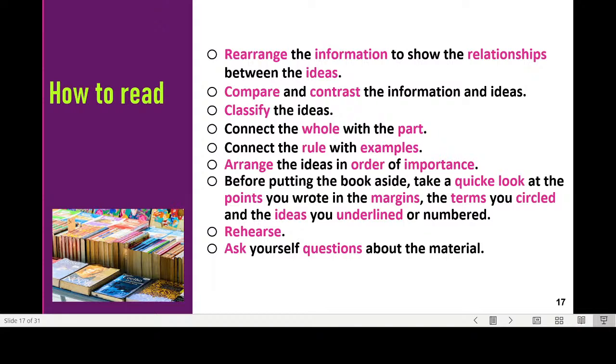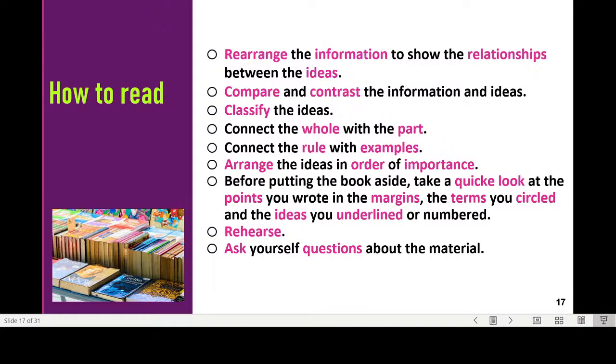For example, theories of learning can be classified into 1, 2, 3, 4. Foreign language teaching methodologies can be classified into 1, 2, 3, 4, 5, 6. Whole part. The whole is the learning theories, and the parts are the types. The same thing for foreign language teaching methodologies. This is the whole, and the parts are the different teaching methods.